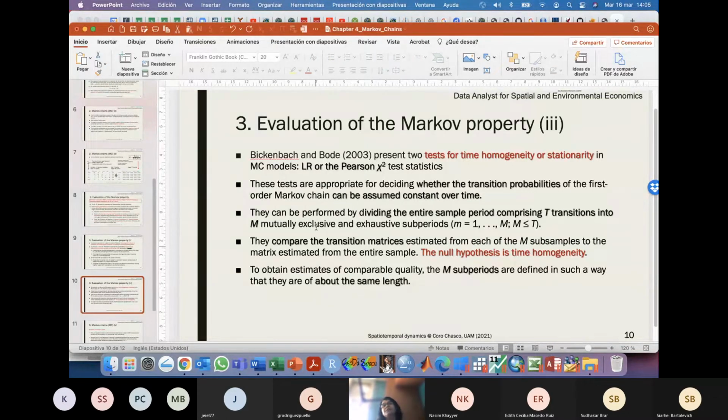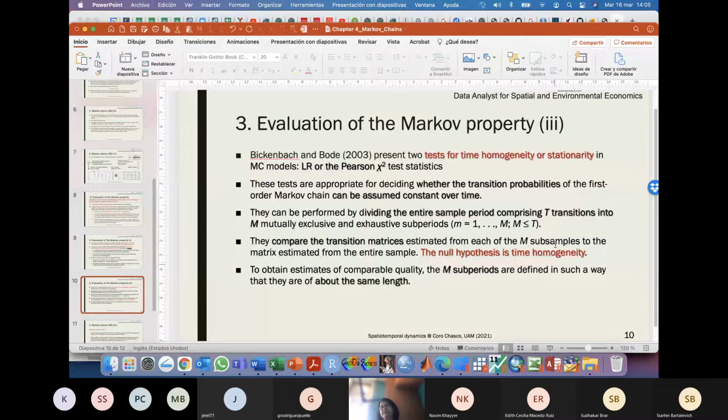So from 1930 to 1970, and from 1970 to 2002. So we split the complete time span into 2 subperiods. This is what the test does. So you should tell the test how many subperiods you want to consider. And both tests compare the transition matrices estimated for each of the M subsamples.